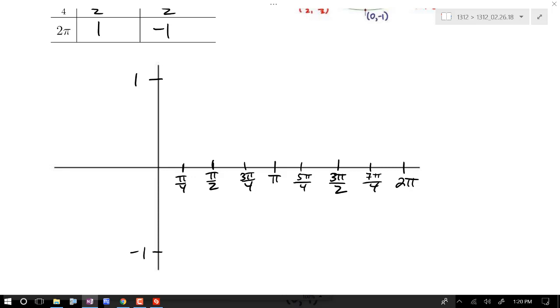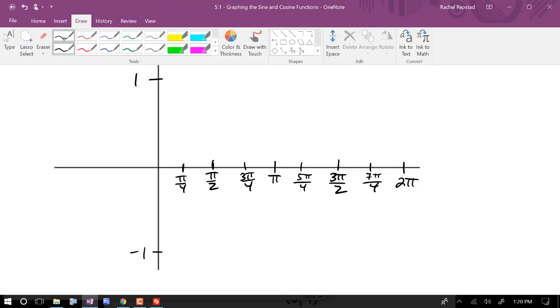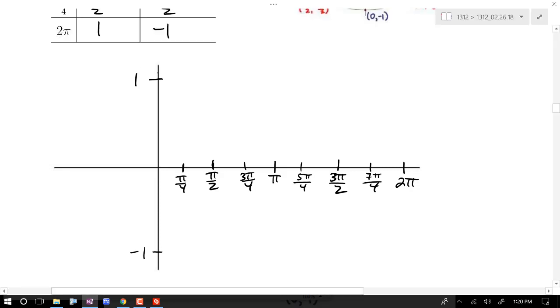Let's plot some points. At 0, the cosine function is 1, so I'm going to plot the positive cosine function first. At pi over 4, we were at root 2 over 2. So that would be down here. At pi over 2, we're at 0.